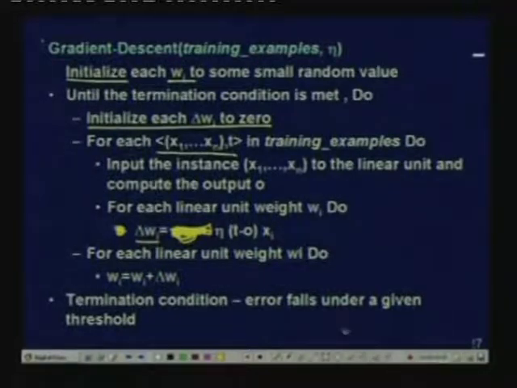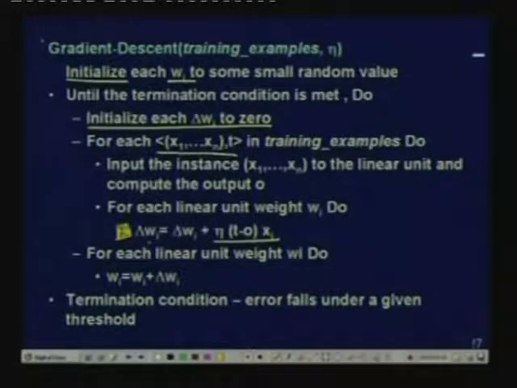Okay, just a minute, I think I made a mistake. So, what we are doing is, we are looking at all the training examples. For each training example, we find out the error with respect to that training example, and we do it for all the training examples.